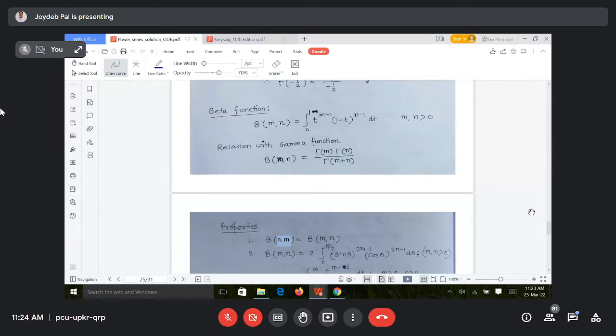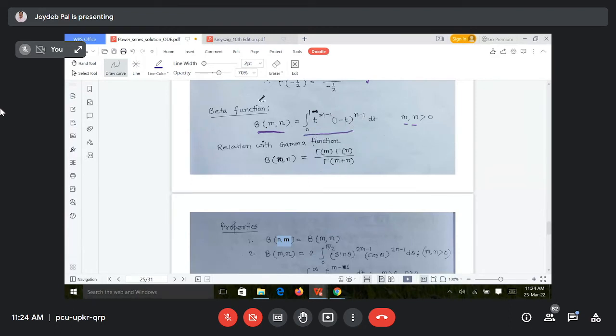The notation is beta of m, n, and it is defined as the integration from 0 to 1, the limits of the integration, of t to the power m minus 1, (1 minus t) to the power n minus 1 dt, provided m and n are greater than 0. You have to remember that.